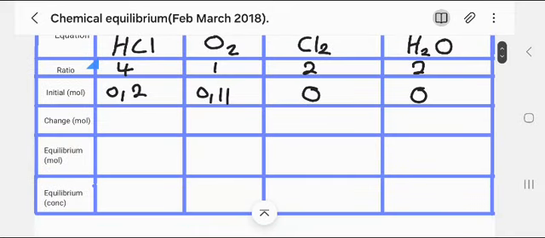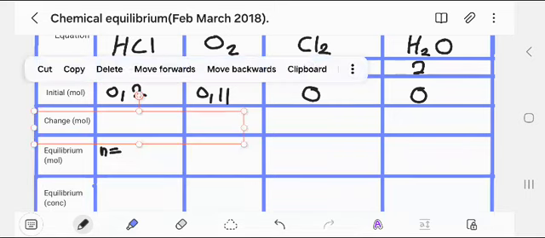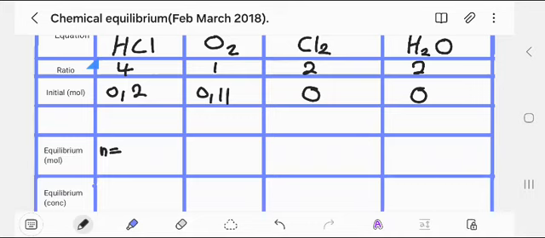So here we can find the moles. We'll use the formula: mass over molecular mass.